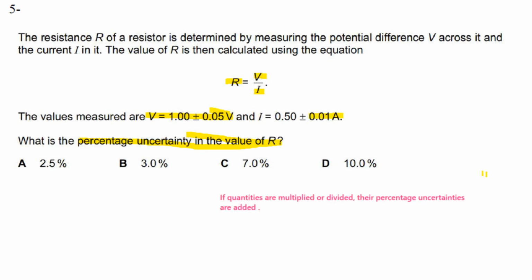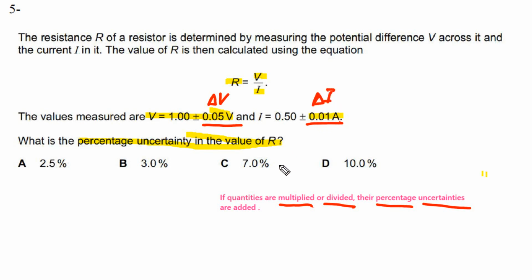As you can see here, absolute uncertainties are given: delta V here, and delta I here.